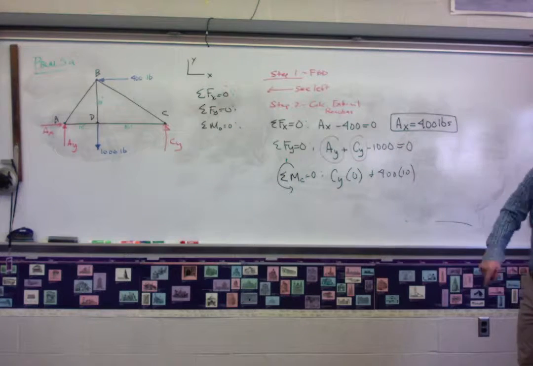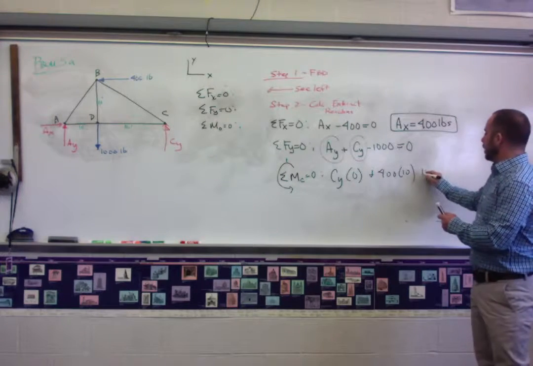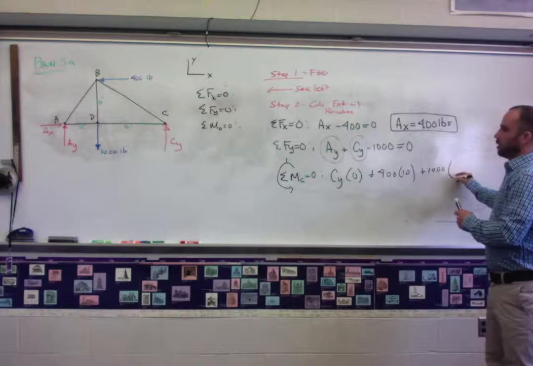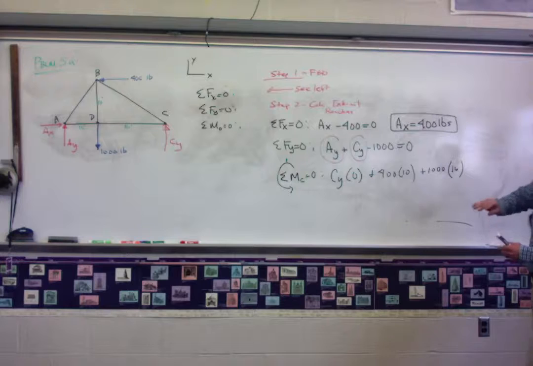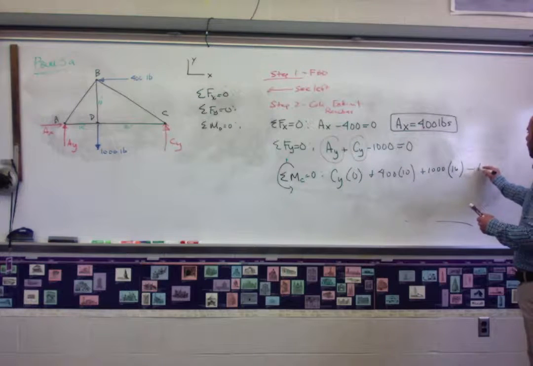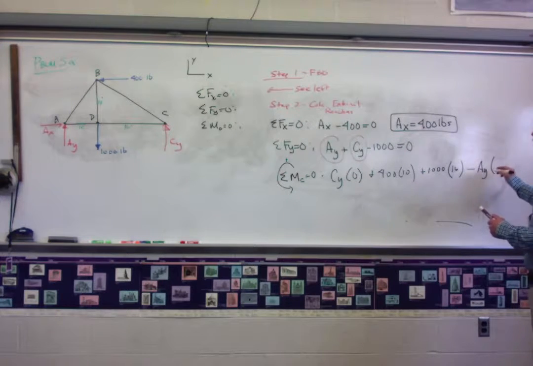Now I got 1,000 going around C times 16 feet is the perpendicular distance. Now I'm going to do a negative AY times 26 feet equal to 0.